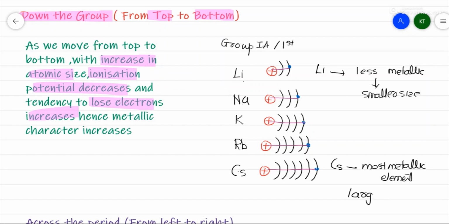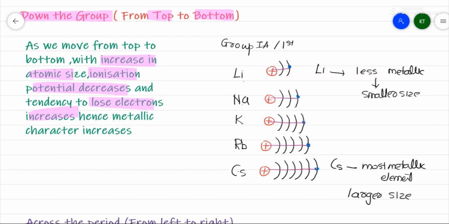So cesium is the most metallic element which is present in the modern periodic table because it has got a larger size. As the size of cesium is larger, it will require very little energy to remove the electron, so those electrons will be lost quickly. As a result, metallic character will increase. So as I can see here, from top to bottom, the size of an atom increases, hence the ionization potential will decrease.